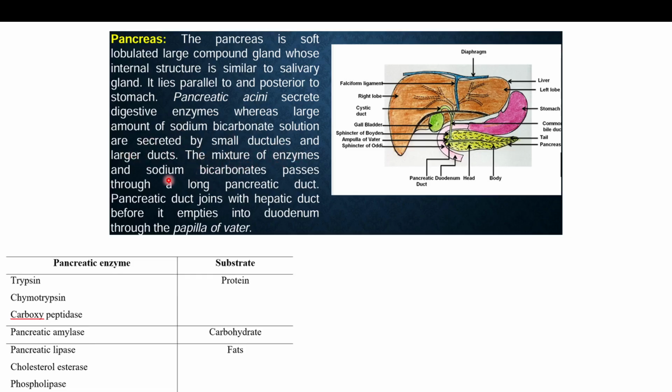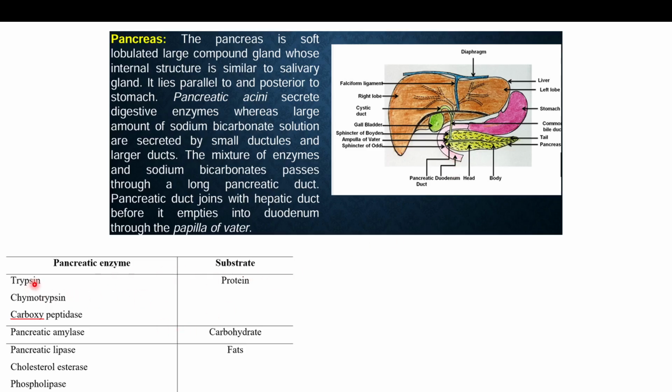The mixture of these enzymes and sodium bicarbonate passes through a long pancreatic duct, this one here, and this pancreatic duct eventually joins the hepatic duct, forming a common bile duct, before it empties into the duodenum through the papilla of Vater.